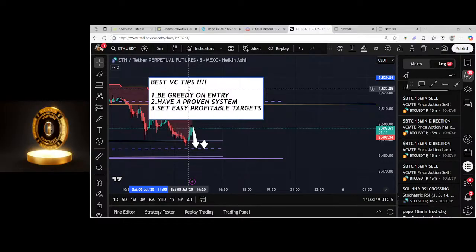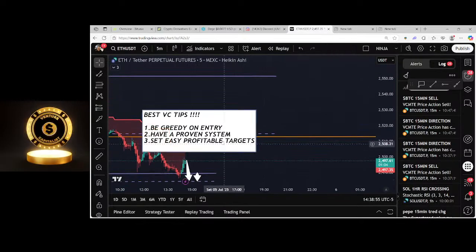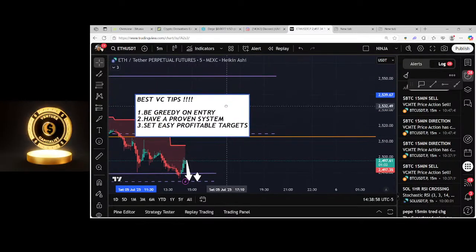So a proven system simply means, this is why I talk about having a 10 trade review, right? And when you have a 10 trade review, that just means that you can look at your last 10 trades and see whether or not they were profitable or not profitable, right? Now, you don't have to win a lot of trades if you're profitable.